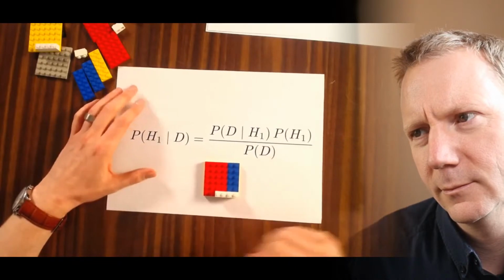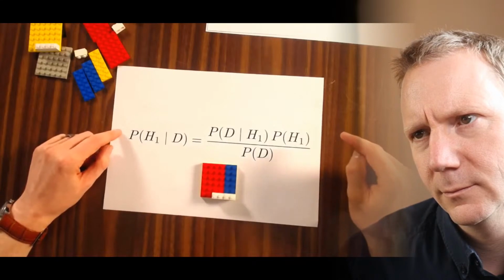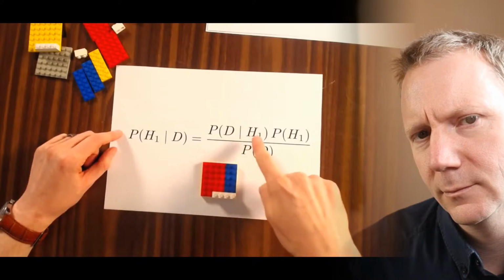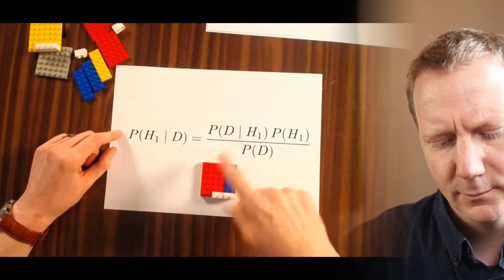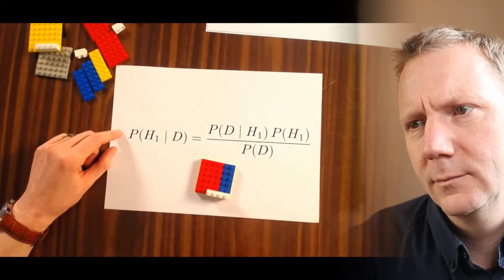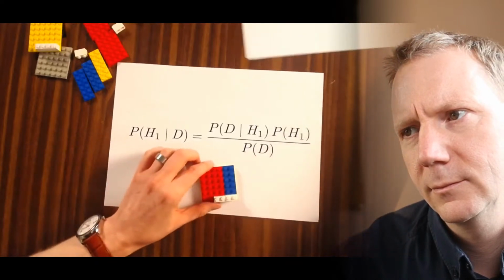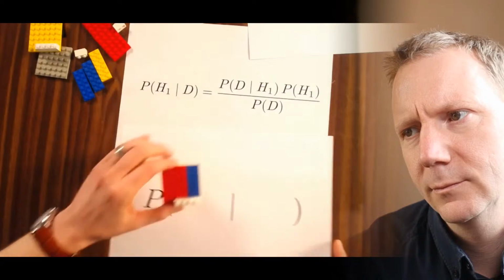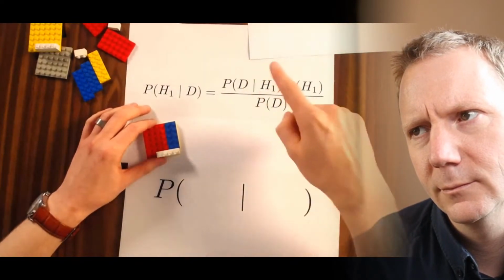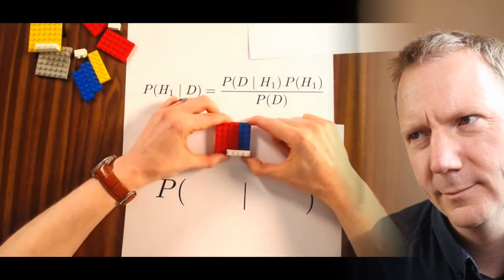However, we would like to calculate it, and we can use Bayes' theorem to do so. For this, we need a few elements. We need the probability of the data given a certain hypothesis, hypothesis 1, the red one, or another hypothesis, the blue one. We also need the probability of data. Well, we are going to calculate it. So if we want to calculate the probability of the data given a certain hypothesis, then we actually need these elements.